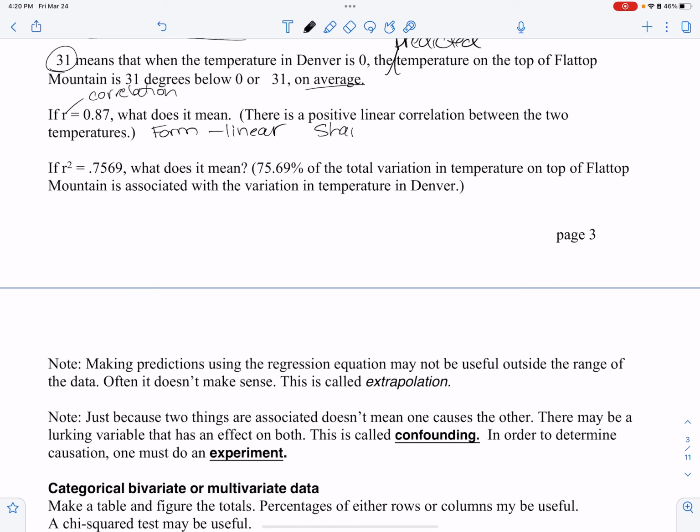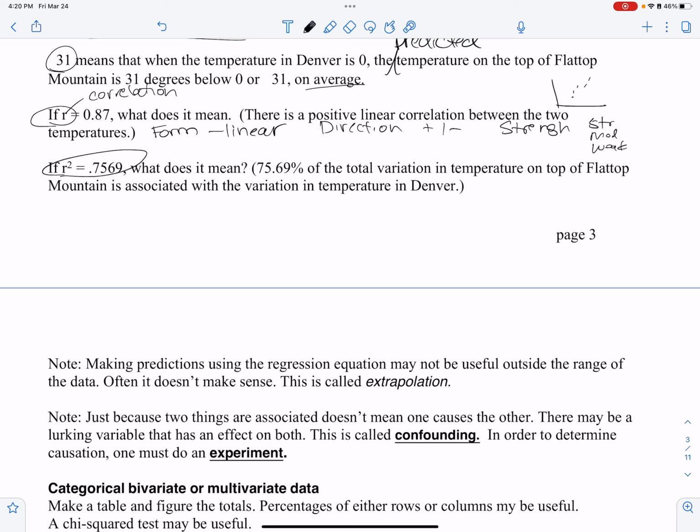Then direction, and you have either positive or negative. And then strength, and you have strong, moderate, or weak as the choices for the correlation coefficient.